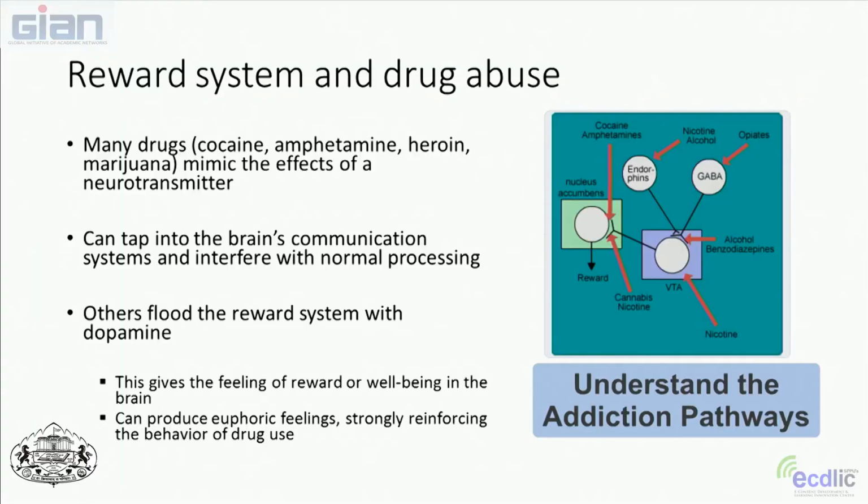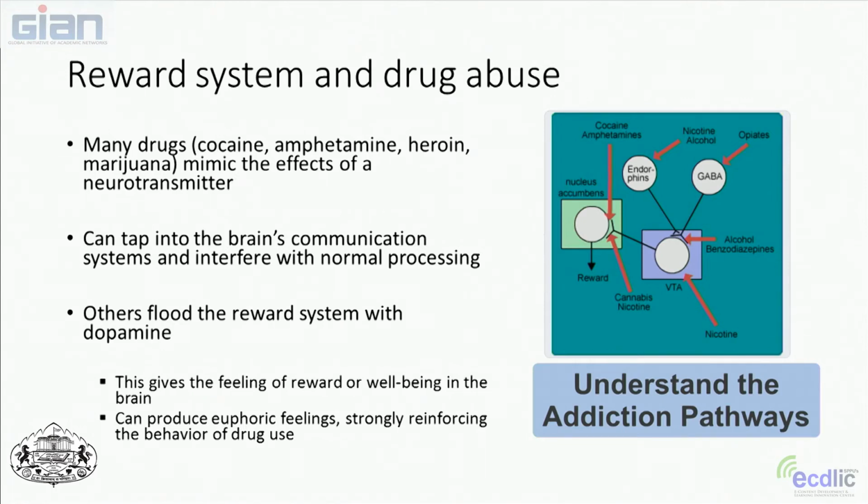The reward system is also a system that's highly studied when people are looking at drug abuse, because many of the drugs that people take mimic the effects of a neurotransmitter and can often give a continual rewarding feeling to the people who are taking them.